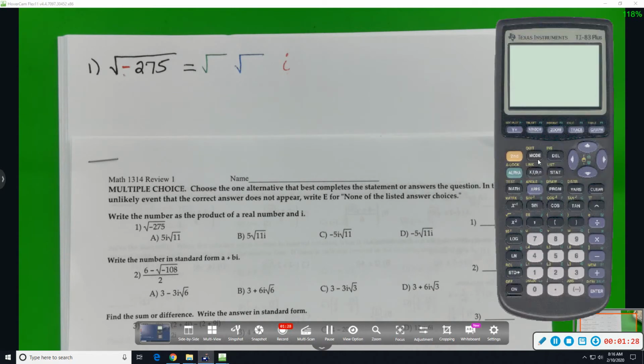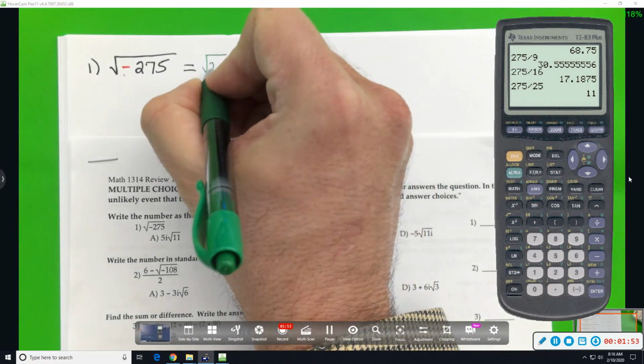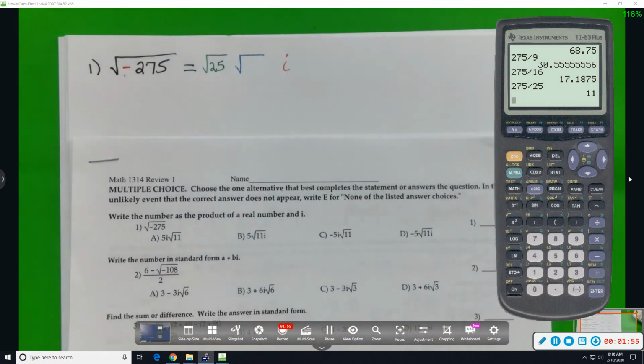Well, which perfect square divides evenly into this? Let's see, 275. Here's just illustrating my thoughts. 4 doesn't divide into it. 9 doesn't. 16 doesn't. 25 divides evenly into 275. So I'll rewrite this as 25 times 11.